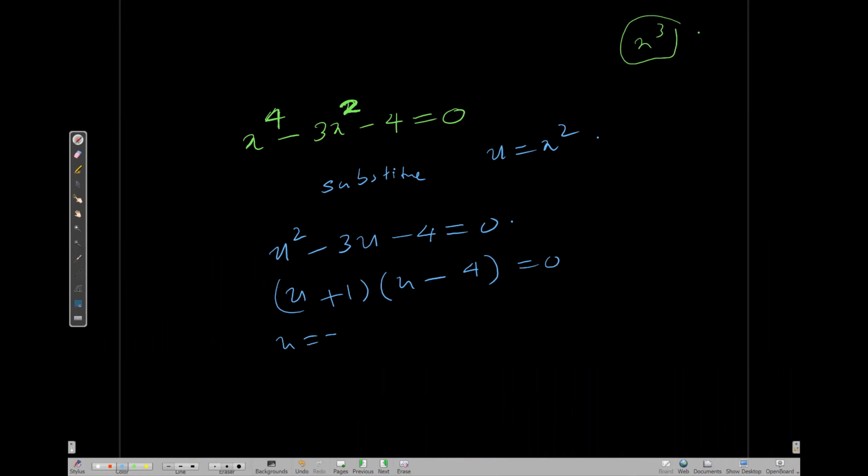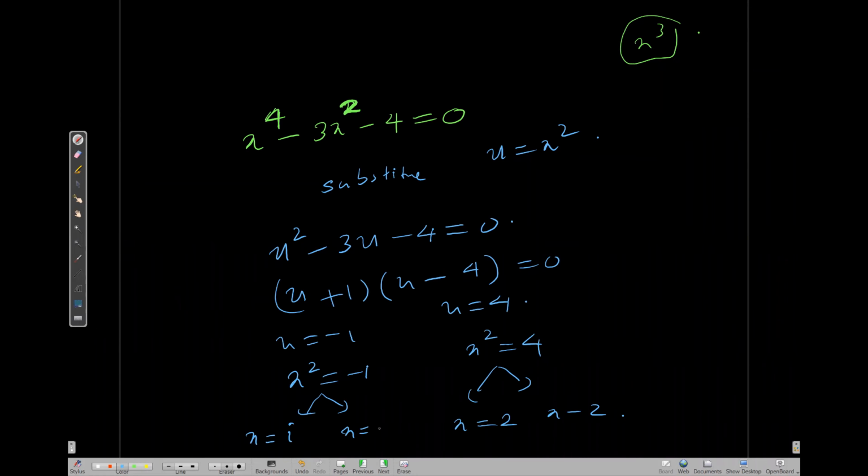So I get u equals negative 1, u equals 4. But our u is x squared: x squared equals negative 1, x squared equals 4. From here I get x equals 2 and x equals negative 2. And from here I get only complex solutions, x equals i and x equals negative i. But if you are looking for real solutions, these two are the solutions.